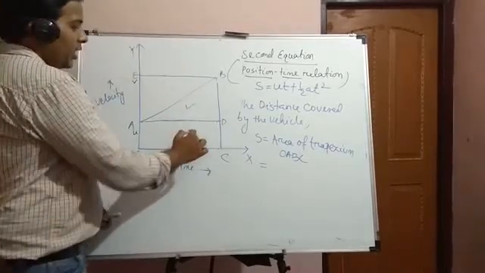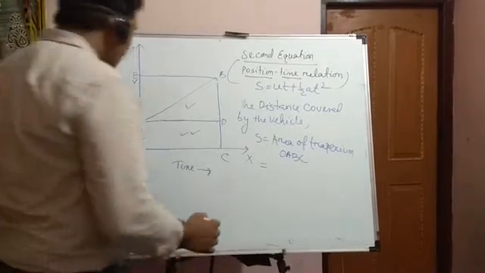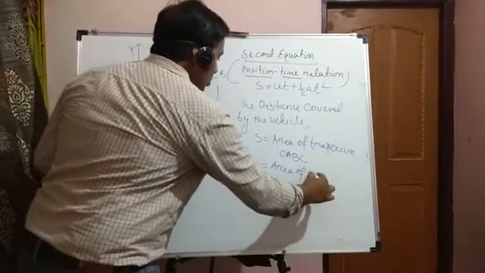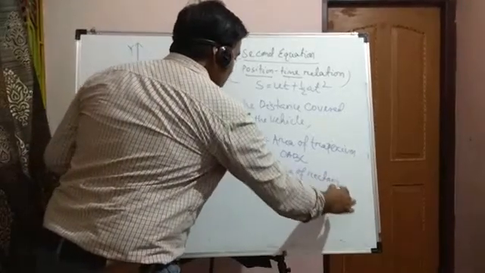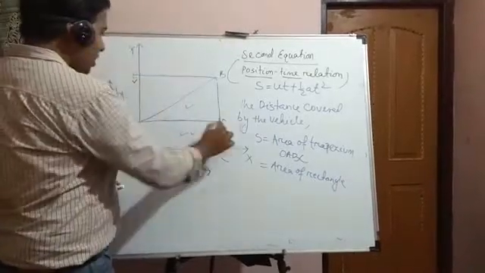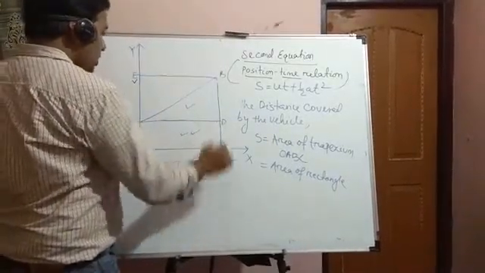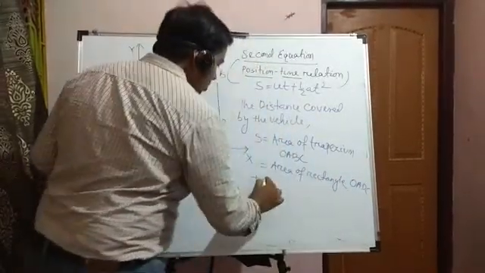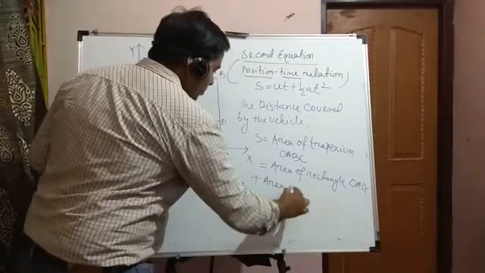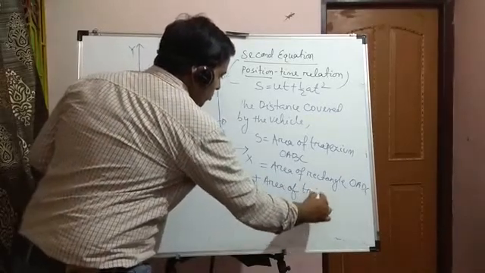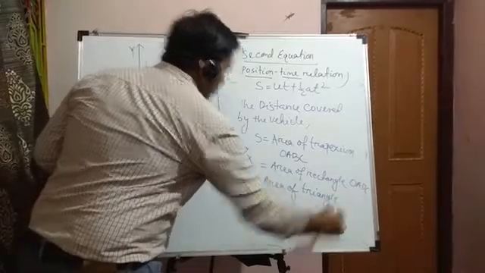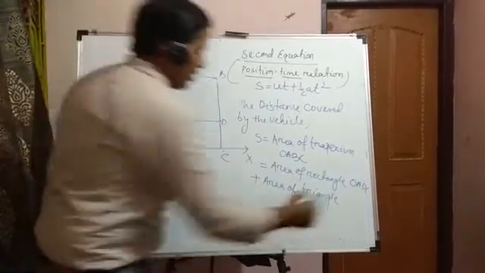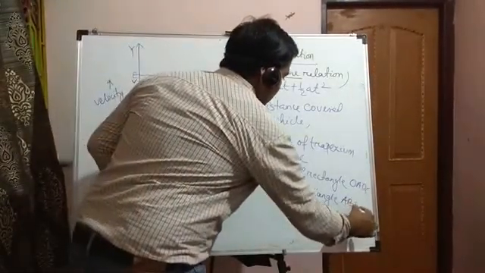So we can write, this is the area of the rectangle, OADC, plus the area of triangle ABD.